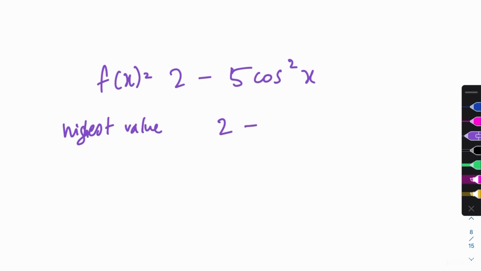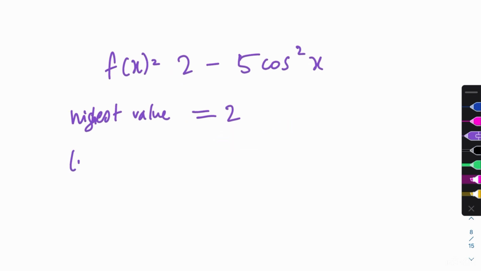So it's a square number, right? Cos x is being squared, which means it's either going to be positive or 0, which means the smallest value you can subtract would be 0.